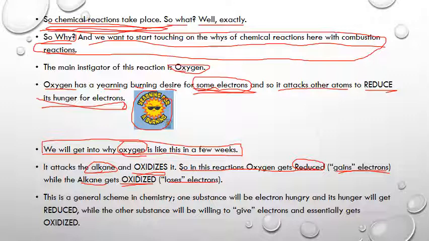So this is a general scheme in all of chemistry, where one substance will be electron hungry like oxygen, and it will attack to get its hunger reduced, and the other substance will get oxidized, even if it's not oxygen, because the substance will behave like oxygen, and the other substance will lose electrons and be oxidized.